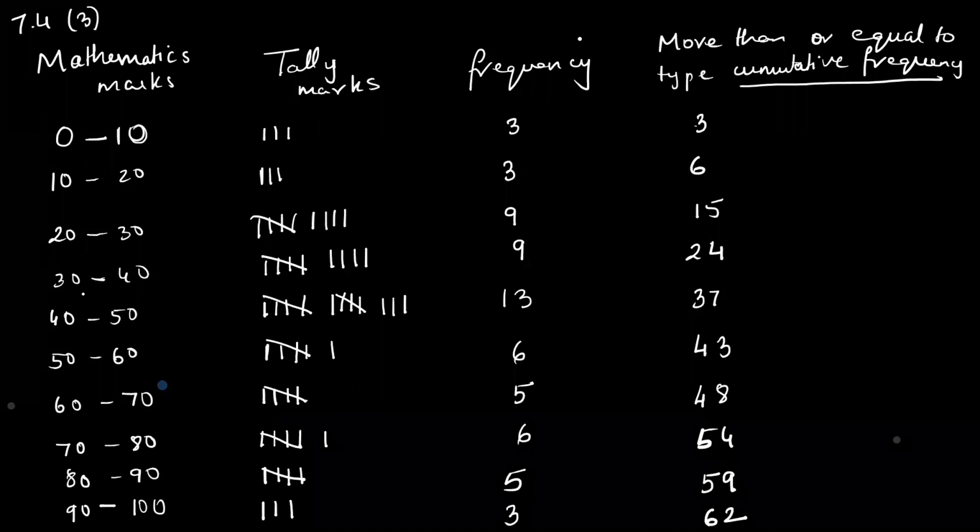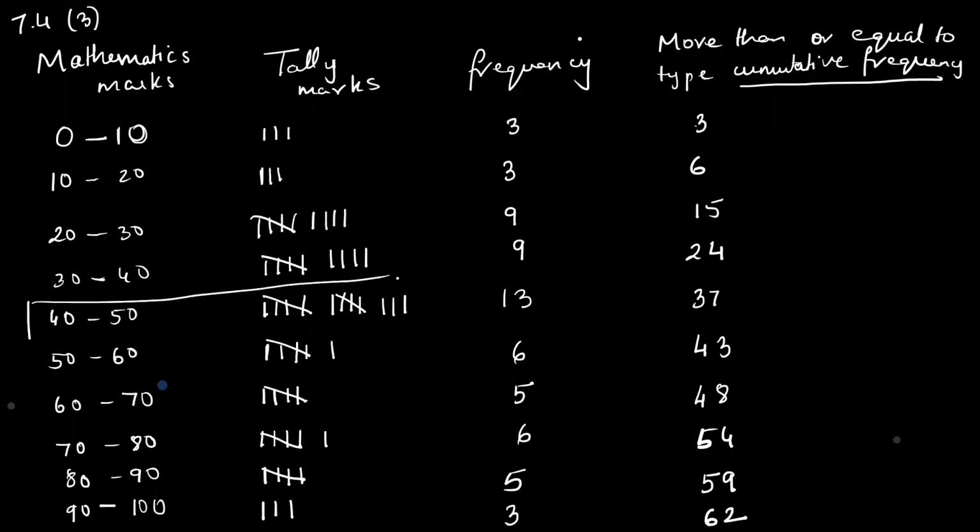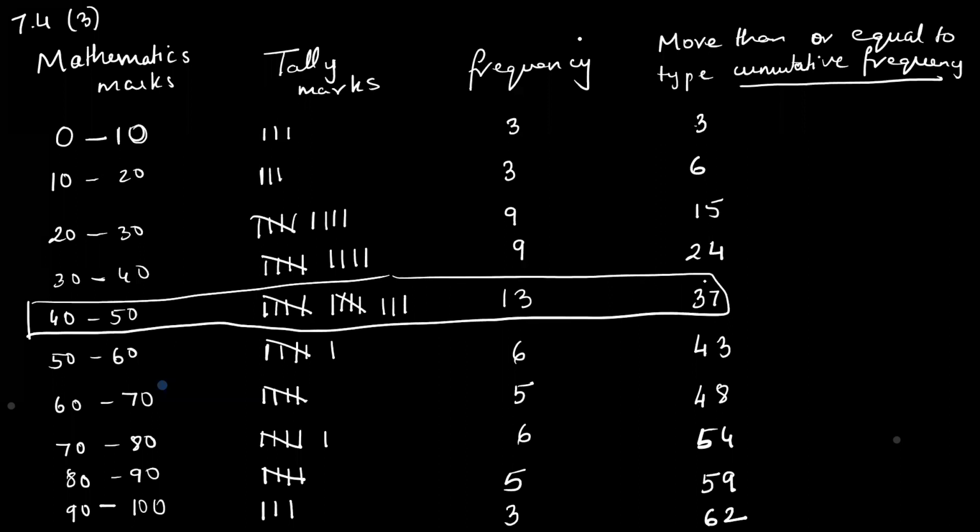Basically, can you tell me over here, if I put it in a box, what can I say about these 37 people? They have scored less than 50. Correct. Now, if I change the question, how many people have scored less than 90 marks? Sir, then it will be all of them.